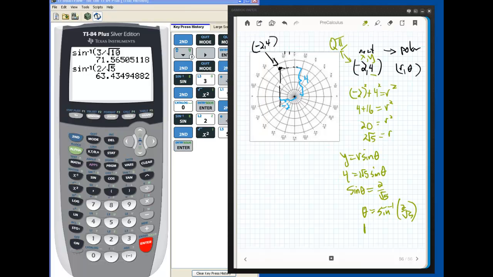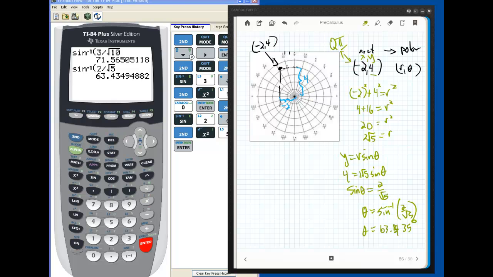Oh no! I end up with theta equals 63.435 degrees. Uh-oh, 63. That's a little bit bigger than pi thirds.